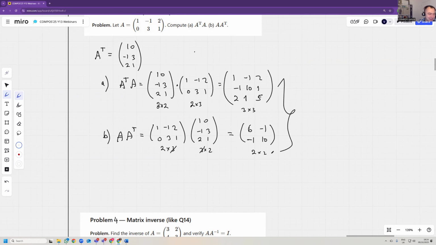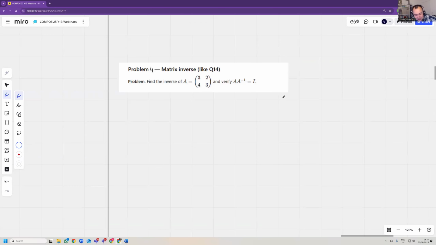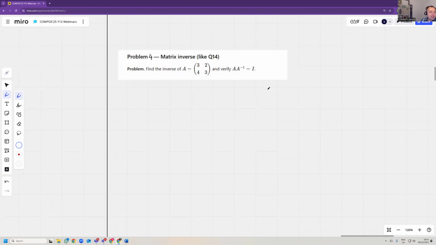So yes, matrices. Inverses. Now here, I might bring something new to the table. So if you've studied matrices at school, hopefully I will be able to show you something new. Now, find the inverse of a matrix. Now, you know how to find the inverse of a matrix using the formula.